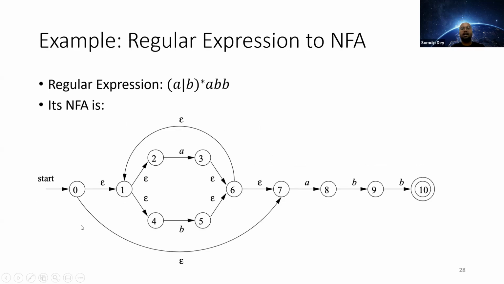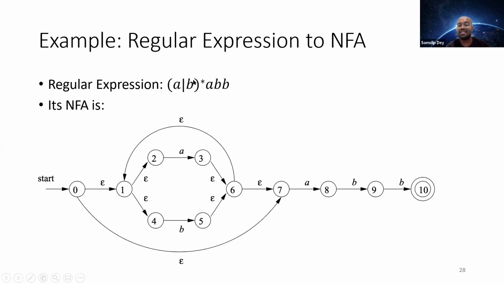Now, let's take another example of a regular expression which we can convert to NFA, if you can recall the formula that we have gone through earlier. You have the start state 0. First, you make the epsilon move. Because the regular expression has (A or B) star, we make another epsilon move from 1 to 2 and 4, which can accept A or B. And again, we make an epsilon move to 6.